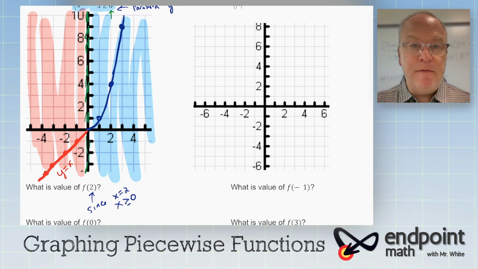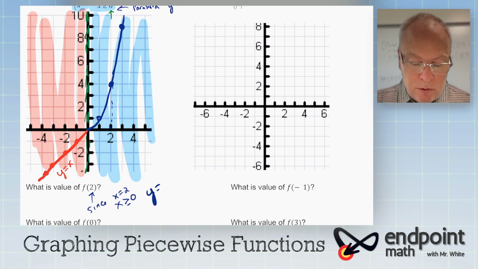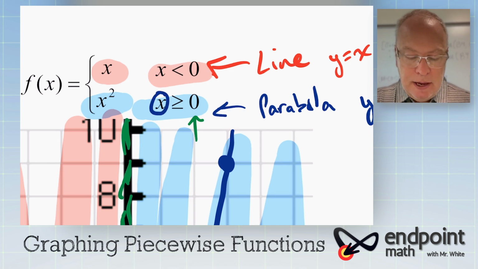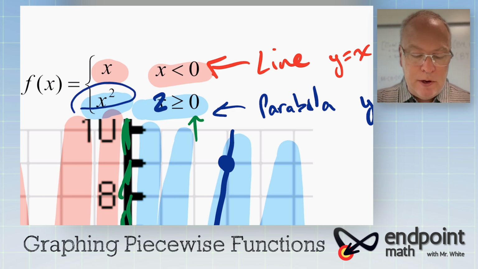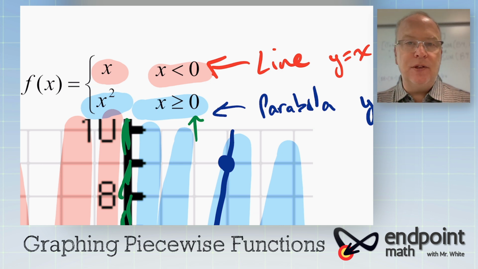So f of 2 is going to be 4. y equals 4. So if you come up here, x equals 2 is greater than 0. So that's why I would do 2 squared is 4. So if I didn't have the graph, I would go up here and look at the conditionals. That x is greater than or equal to 0.